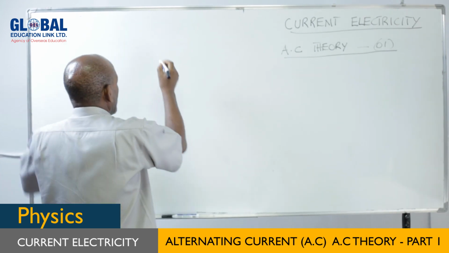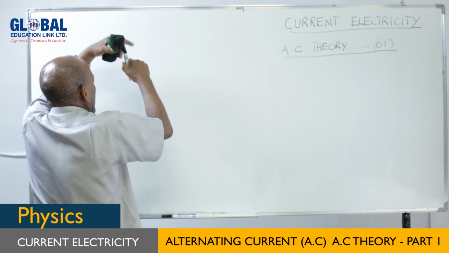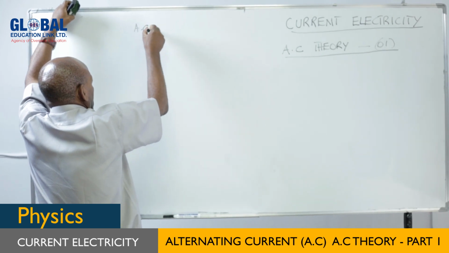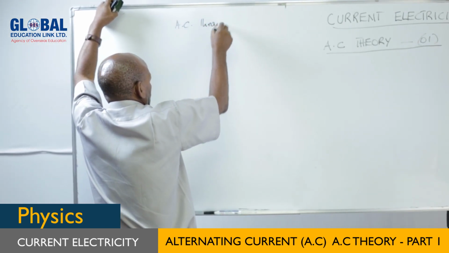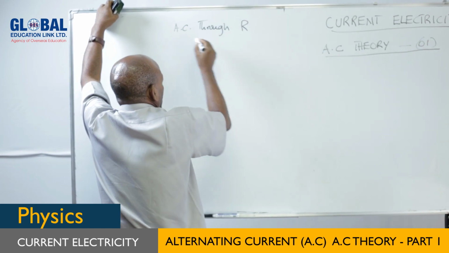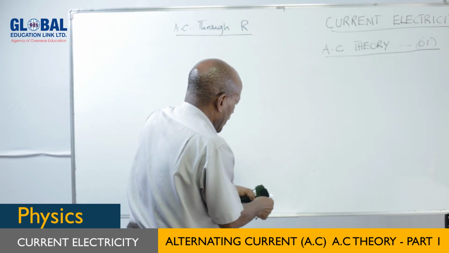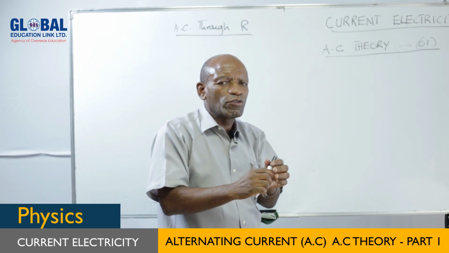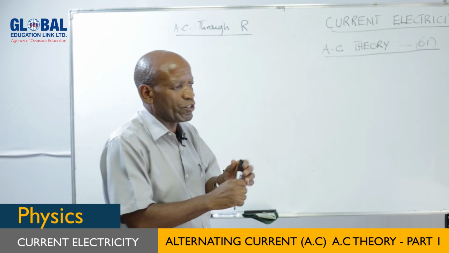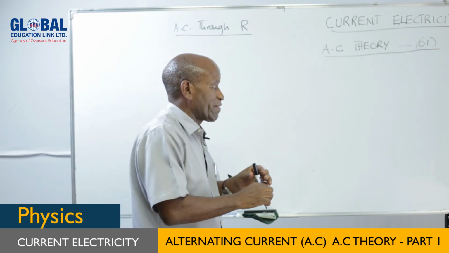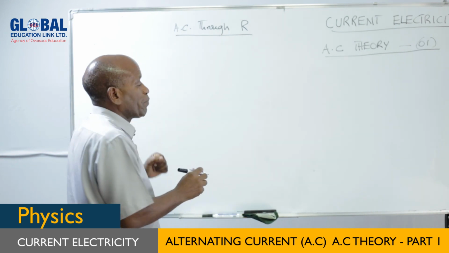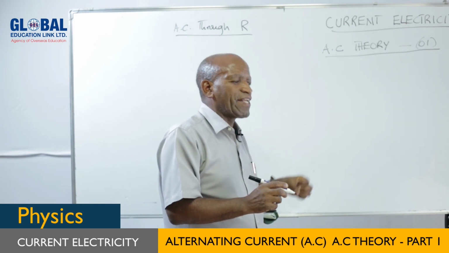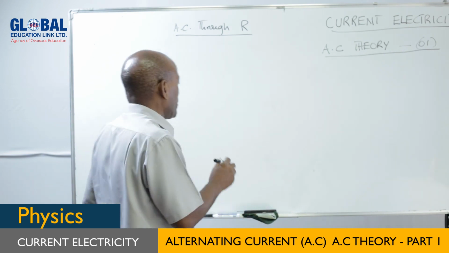First of all, we need to see what happens whenever an alternating current is made to pass through a resistor. We won't go to the first principle, but I'll just mention it to you because I believe you have already done this in class. Whenever the current is made to pass through a resistor, the alternating current through the resistor and the voltage are always in phase.